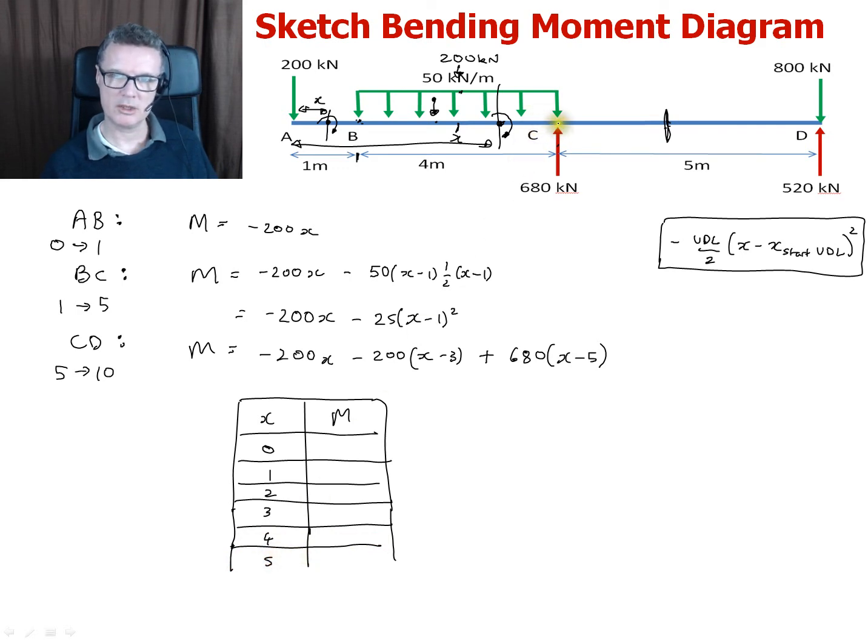So when we're at this position, and then when we're at this position, it's a straight line, so we just need another value there at 10.